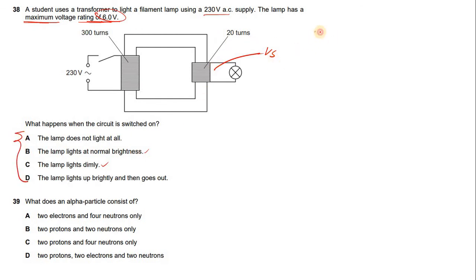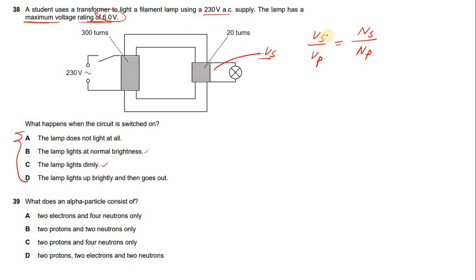You know that VS upon VP, secondary voltage divided by primary voltage, is equal to secondary number of turns divided by primary number of turns. You can flip the relation and say VP upon VS is equal to NP upon NS. But because we need to find VS, I wrote it in this form.